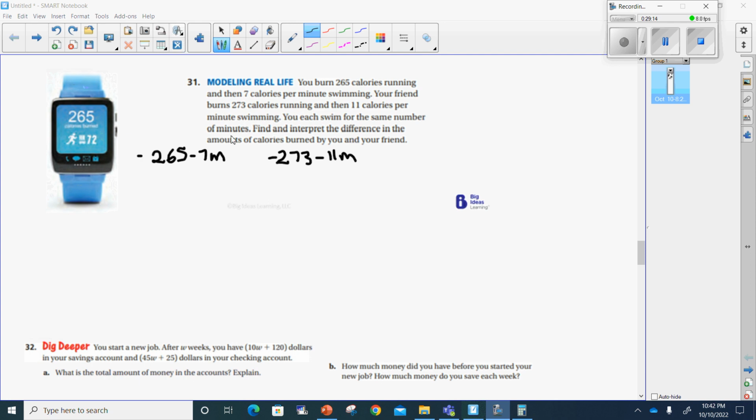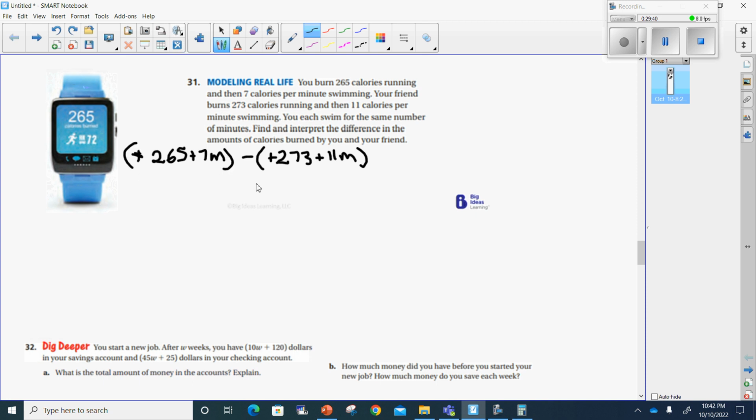I'm guessing since they're really talking about what you did, we can go ahead and make these actually positive numbers. This is the total of what you've done, right? Now, they want to know the difference. That's a subtraction problem. So you're going to minus this right there.